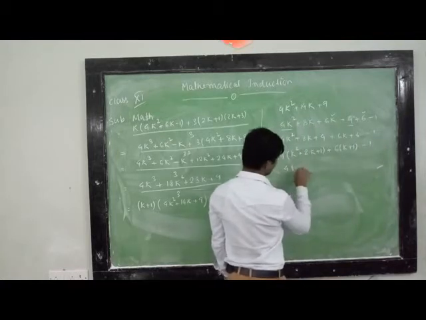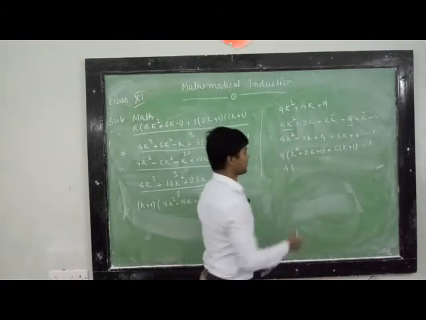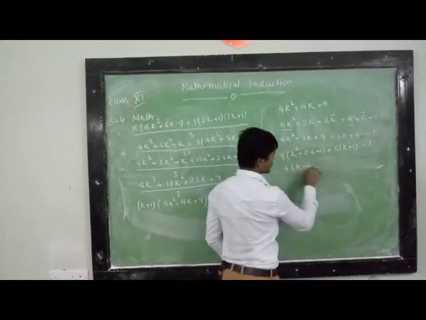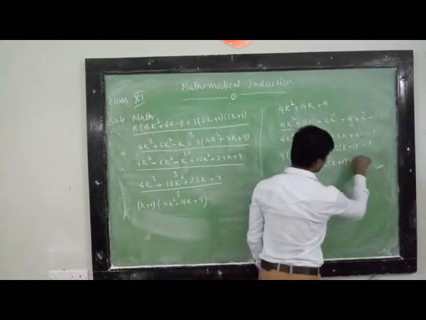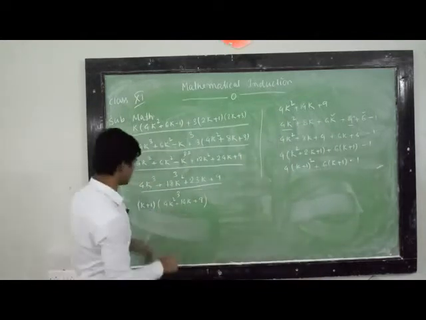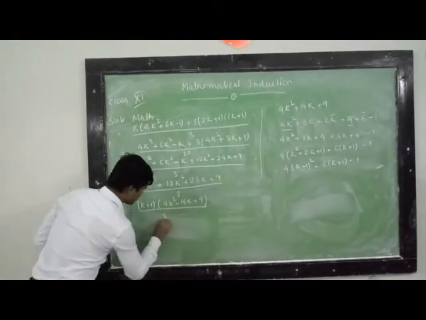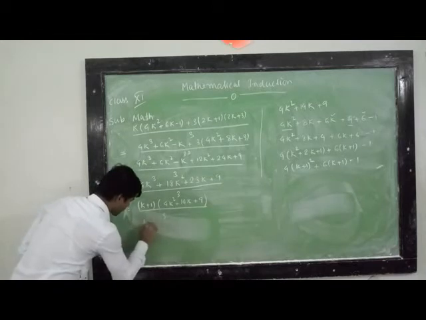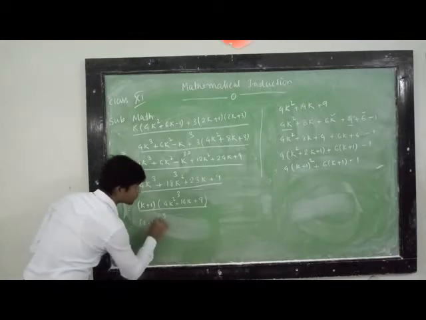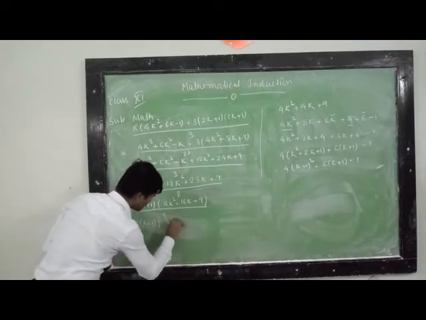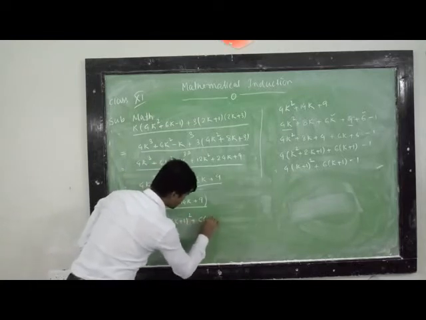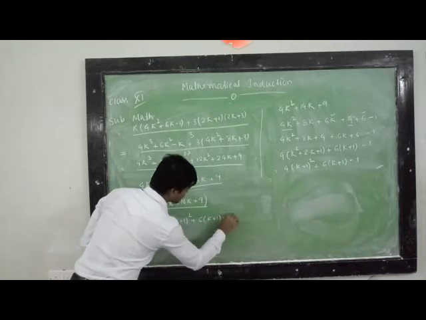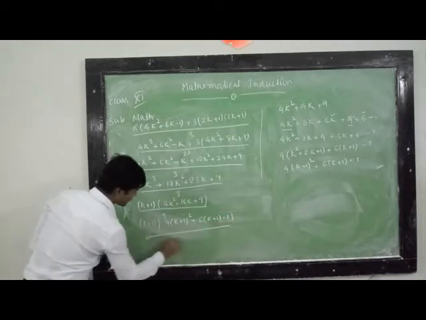So that is 4 into k plus 1 whole square, and this is 6 into k plus 1 minus 1. So this expression can also be written in the form k plus 1 into 4 into k plus 1 whole square plus 6 into k plus 1 minus 1 by 3.